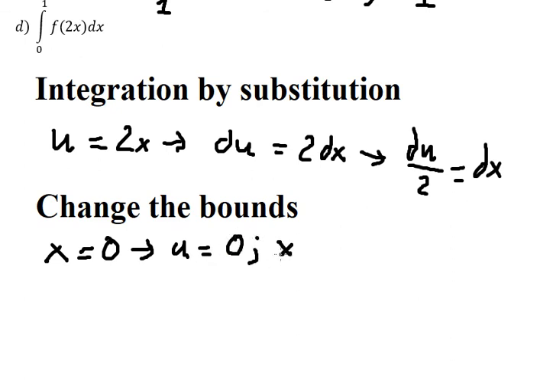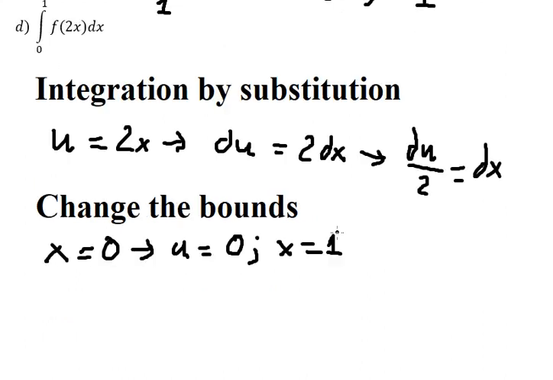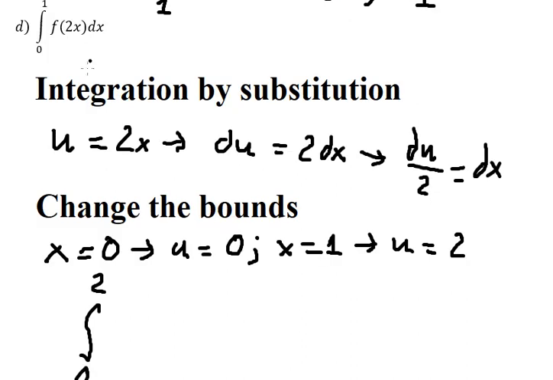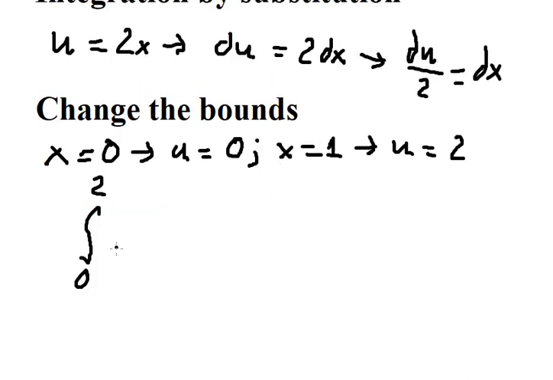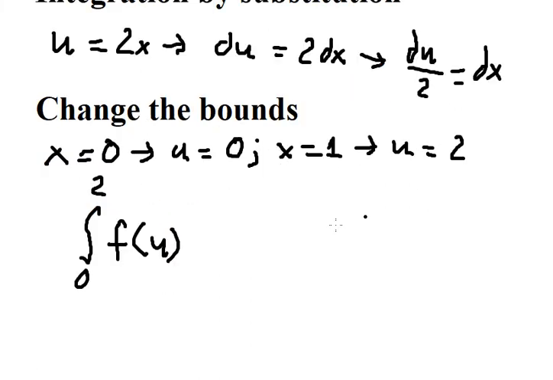When x equals 1, that is from here, we put 1 in here, and we have u equals 2. And now we have the integration from 0 to 2. 2x we change by u. dx we change by du over 2.